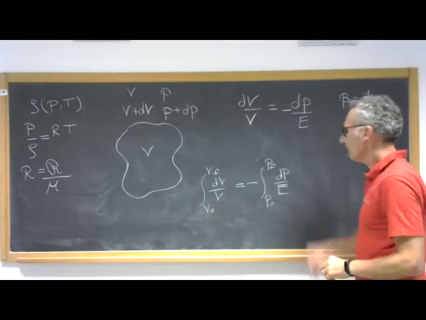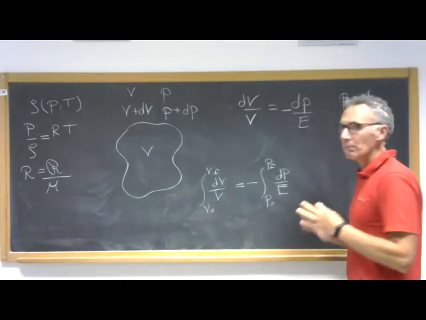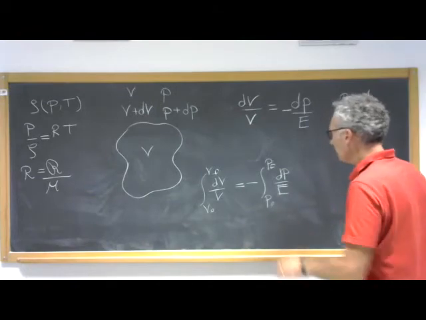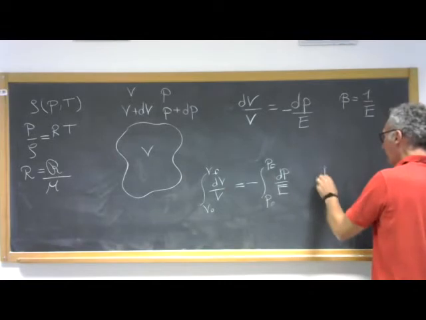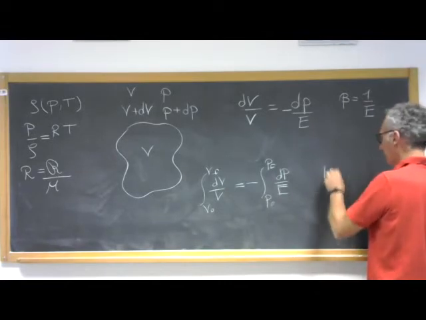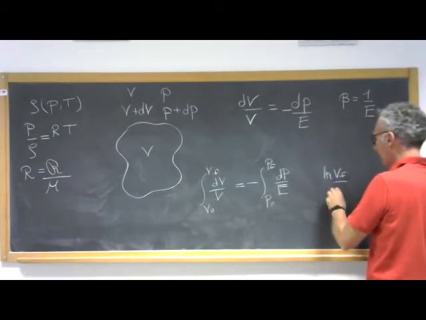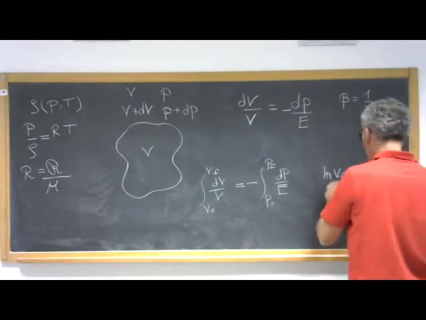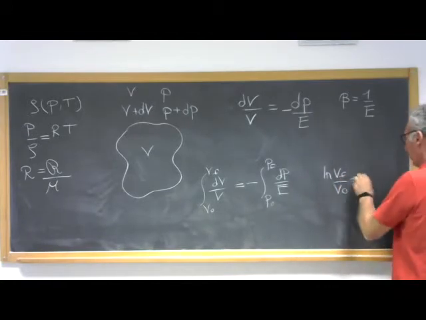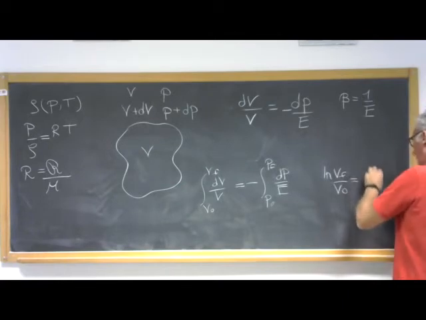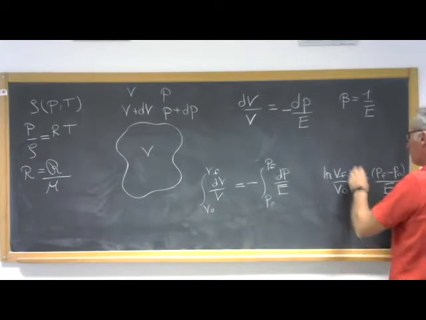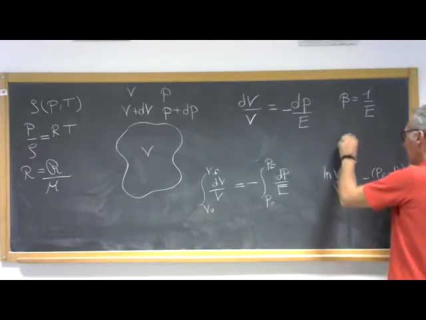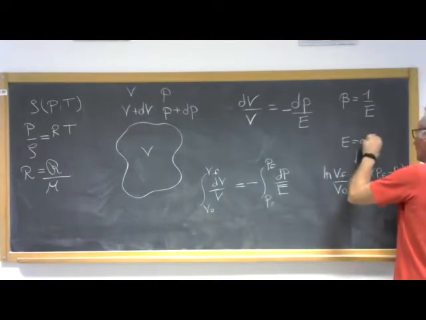So now, assuming that E is a number, what we can do is integrate this relation to obtain the logarithm of final volume divided by initial volume, which is equal to minus the final pressure minus the initial pressure, divided by E. Of course, this implies that E is a constant.